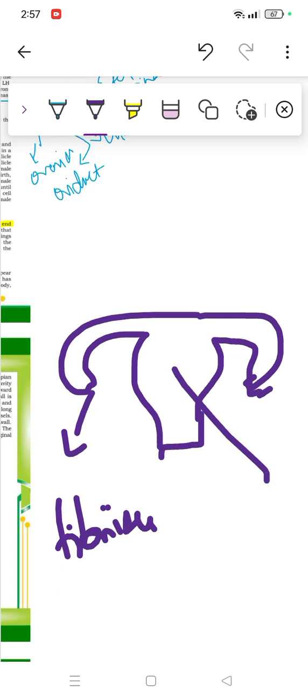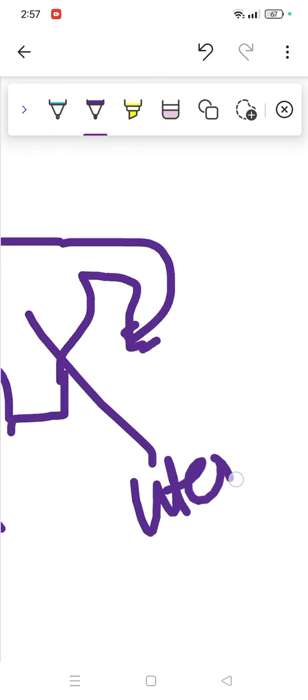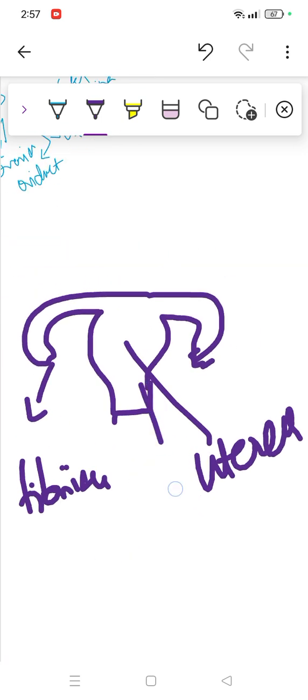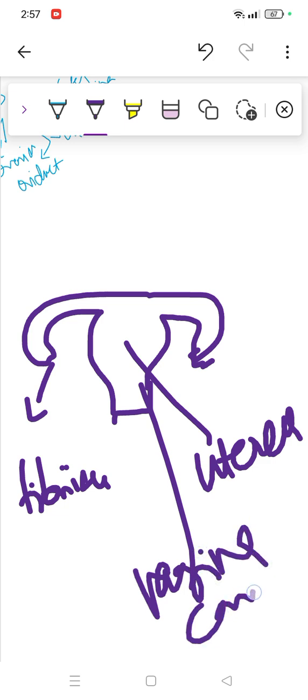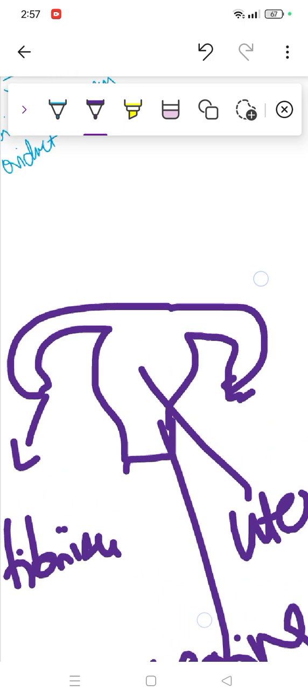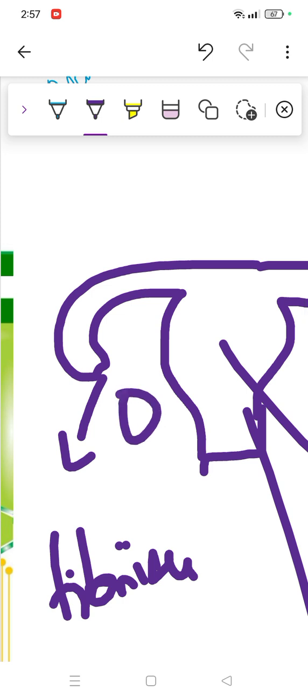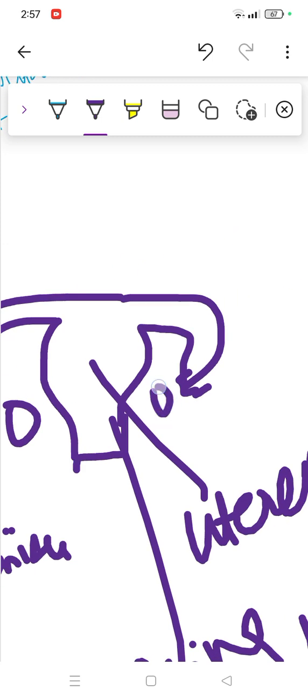Here comes the uterus, and here comes the vagina, and the cervix as well. Then we have the egg over here, the egg would be on both sides, this kind of thing. So for the oviduct we have quite a simple explanation, and I don't want to make it complicated. So all this structure you'll see.